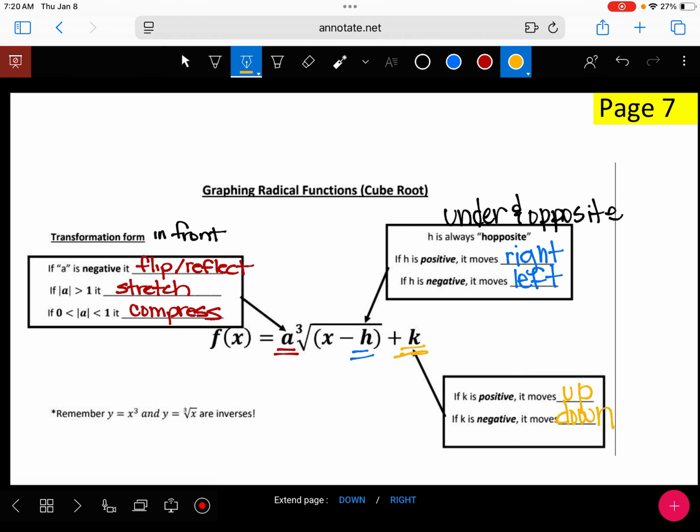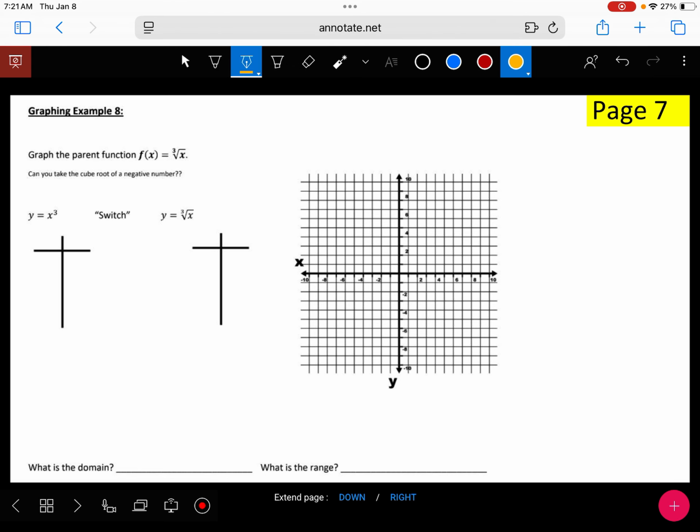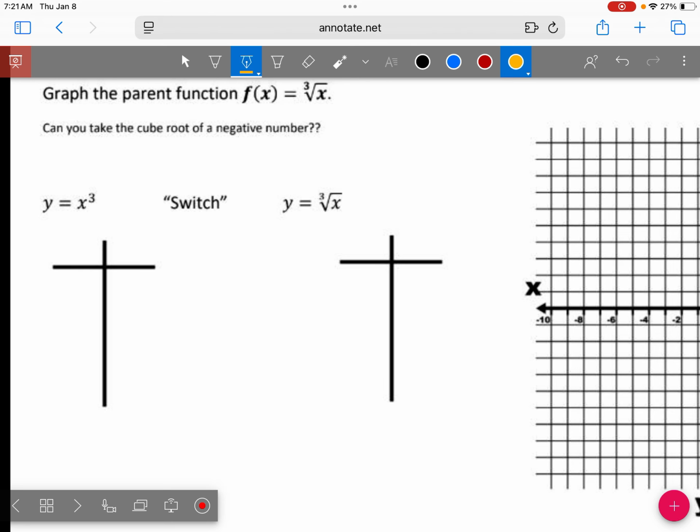So a cube root is the opposite of a cube. All right, so let's go ahead and graph y equals x to the power of 3. All right, so we're going to just do -2 to +2.